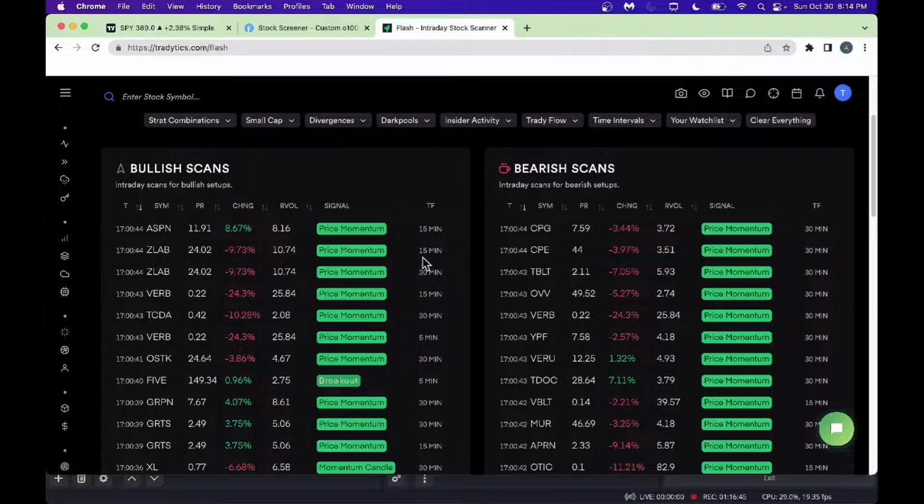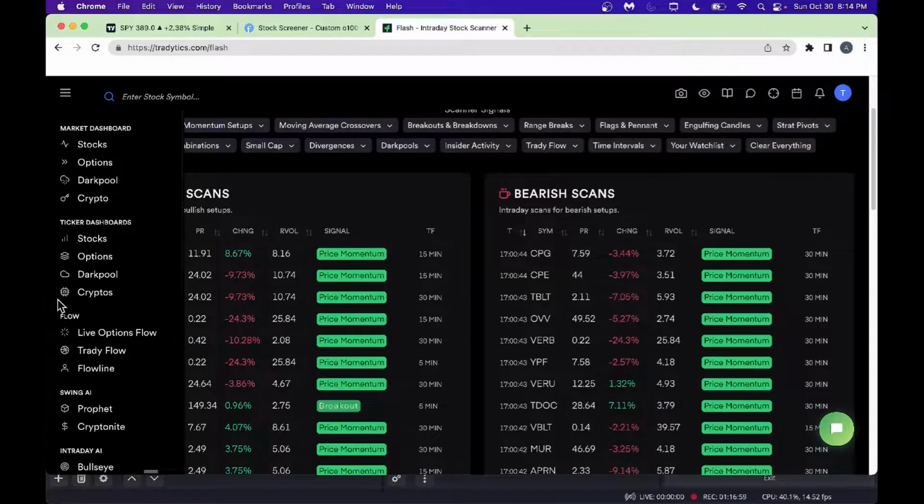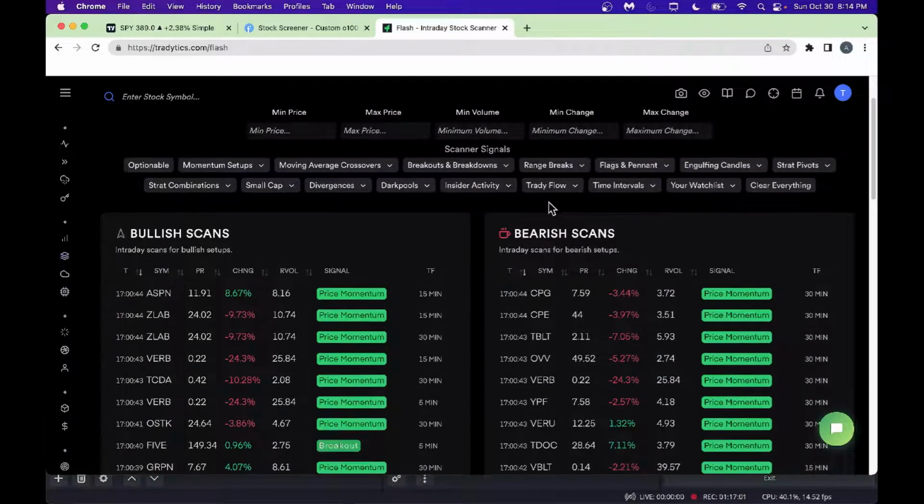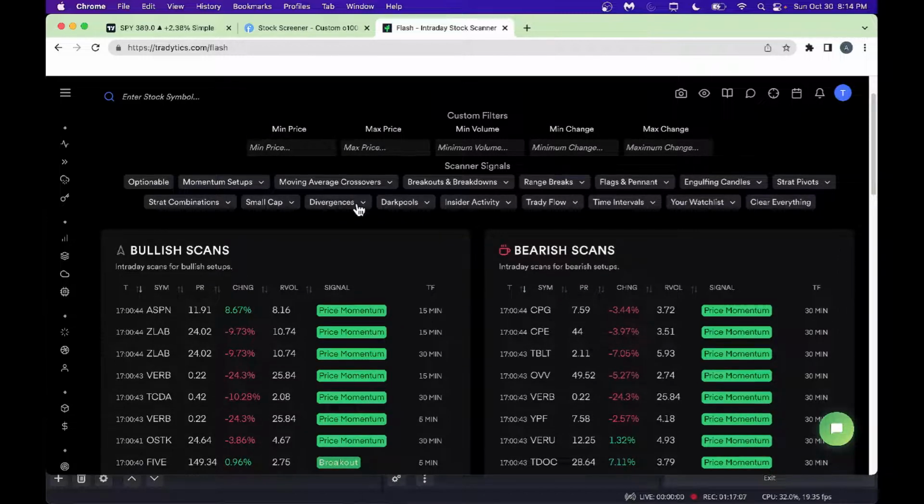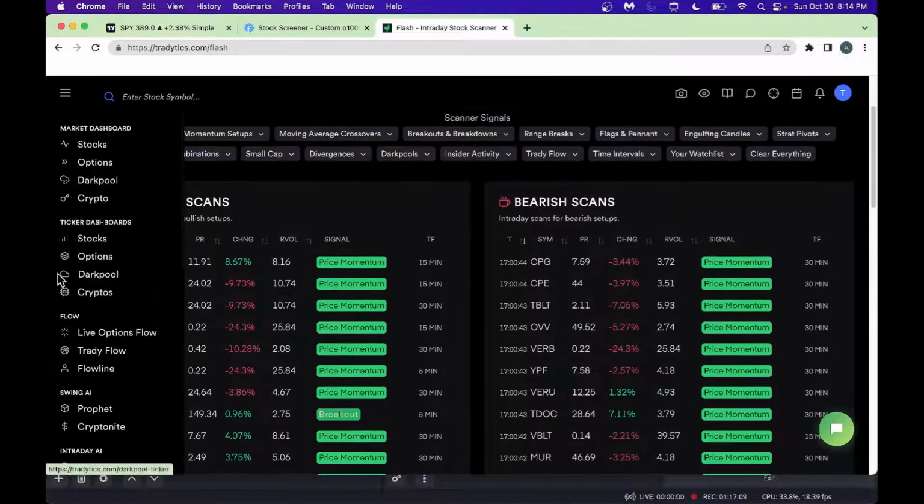If the time frame is lower, these are swing trading type opportunities, and if the time frame is a little higher, like 30 minutes, it could be a couple of days, and you can go from there. Always look at the charts. You could also change all these things here. There is flag and pennant, engulfing candles. Look, there are a lot of things here. You can play around and go from there.